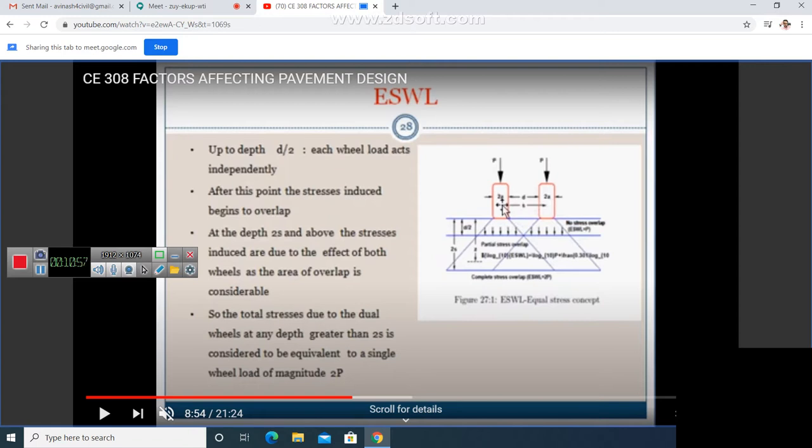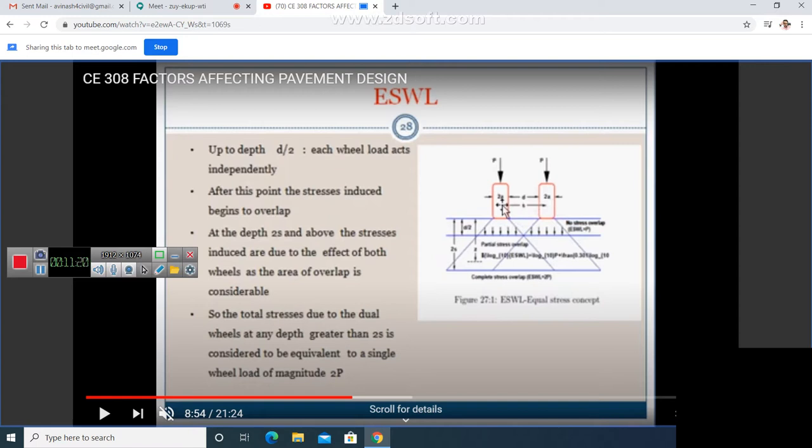Okay, I'll explain once more. Up to a depth of d by 2, you will have the stress distribution as independent. There is no overlap between the stresses due to both the tires. After a depth of d by 2, you can see that there is overlap.